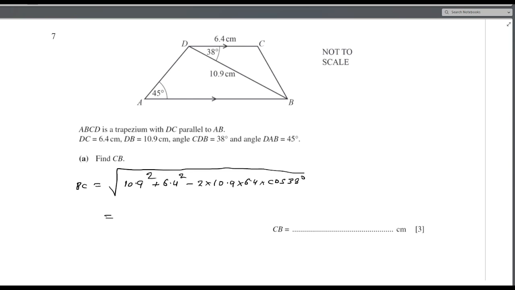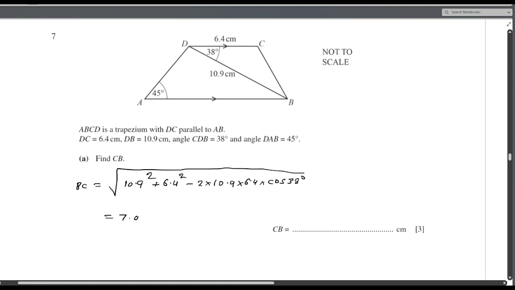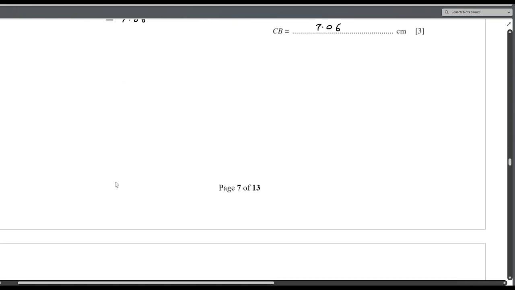Up to 3 significant figures, I can say that it is 7.06. So CB is 7.06. That is the first question, for 3 marks.